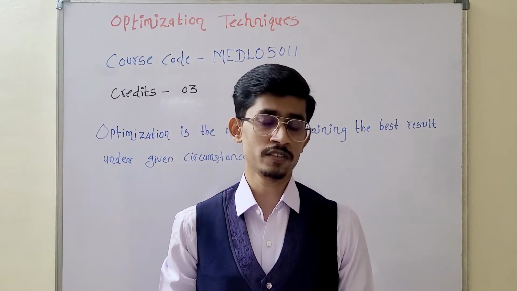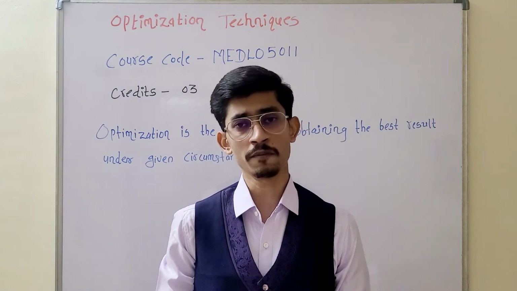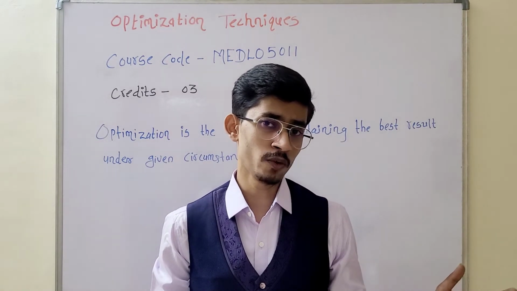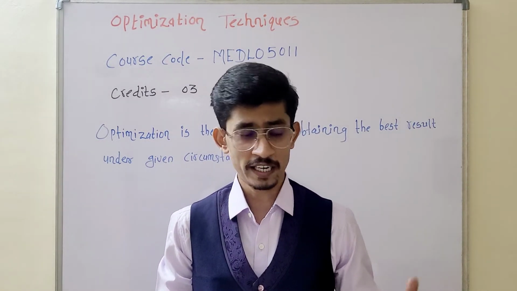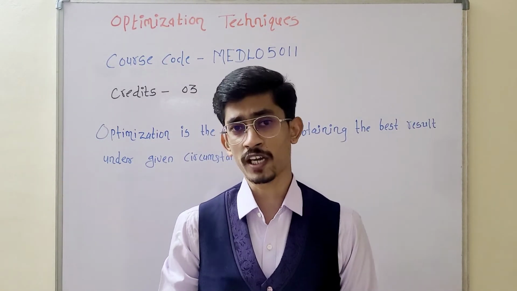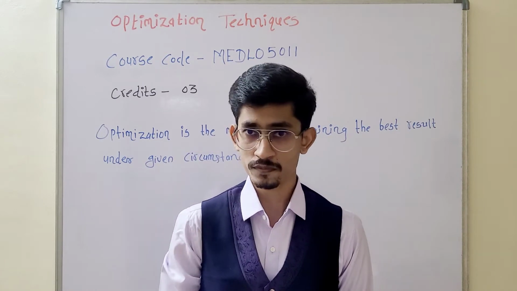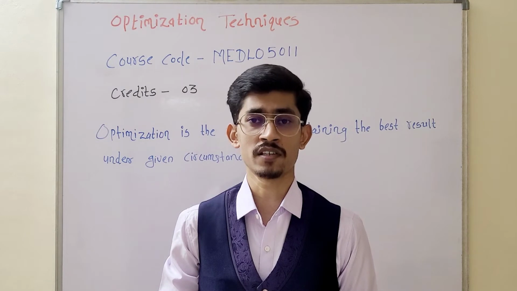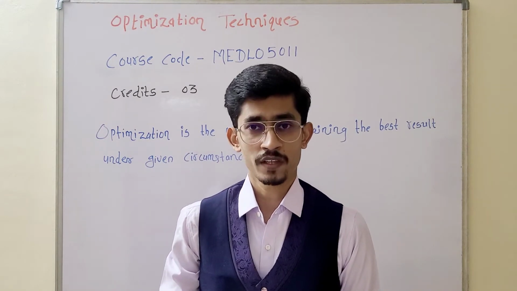For this definition, consider one simple example: if I want to travel from the gate of IIT Mumbai to the gate of IIT Kanpur, which path should I follow? The optimization technique will give the best result, for example from Google.